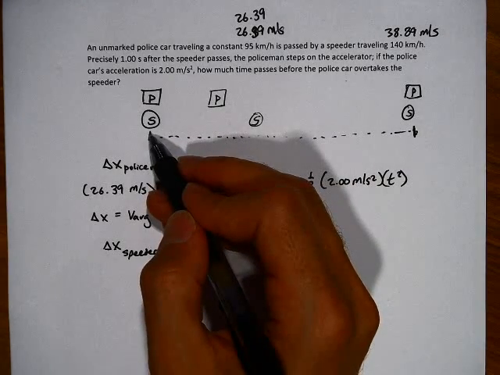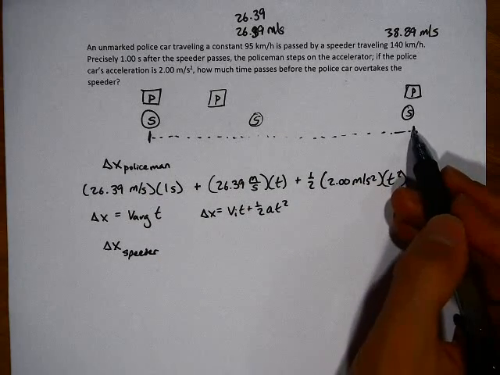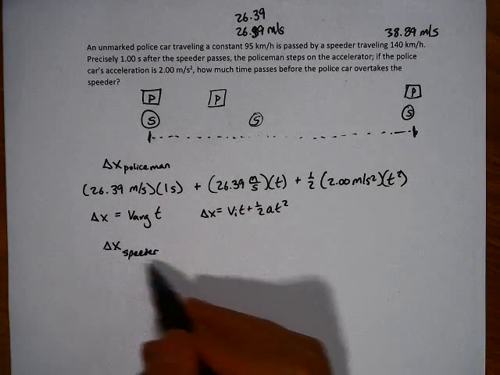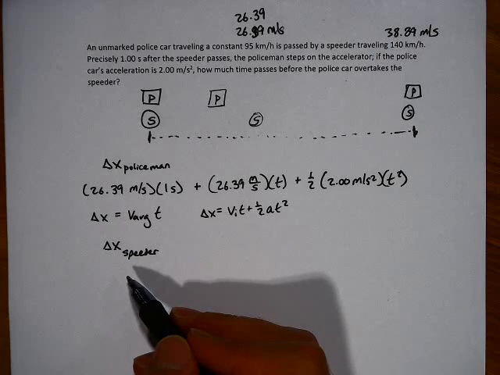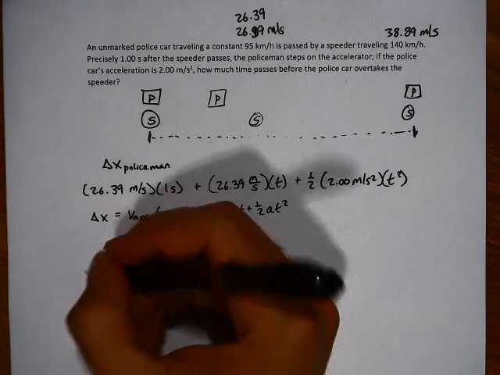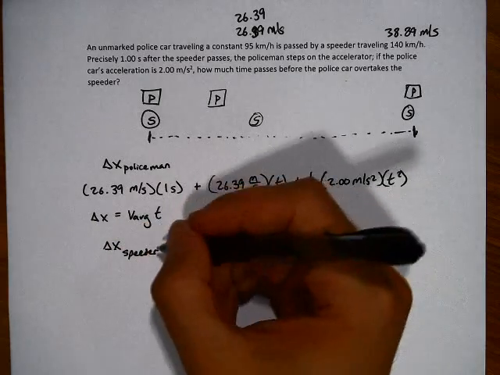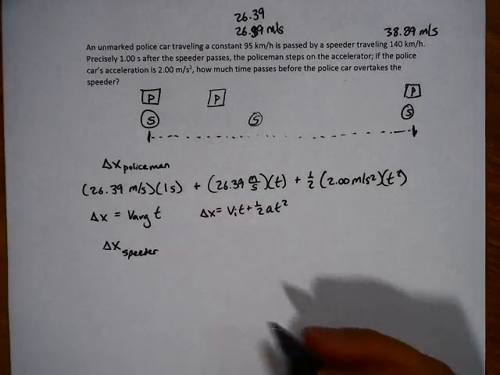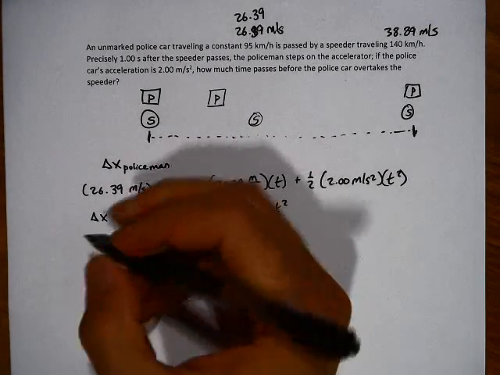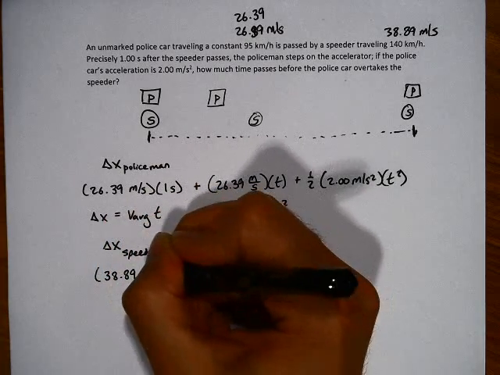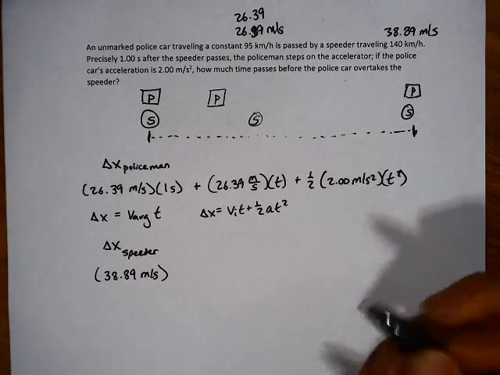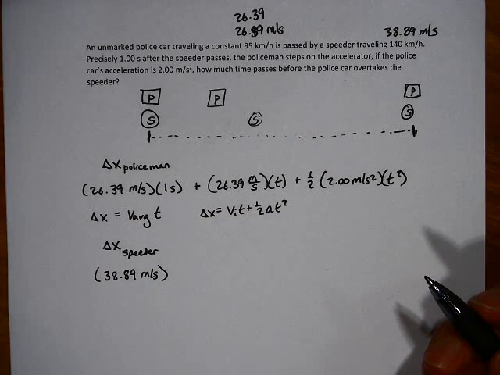They were at the same place here, and then it happened once again here, and we're solving for the second one, of course. So the delta x of the speeder is easier because it's just going the same speed the whole time. It's just v average times t. It's just 38.89 meters per second times the time.